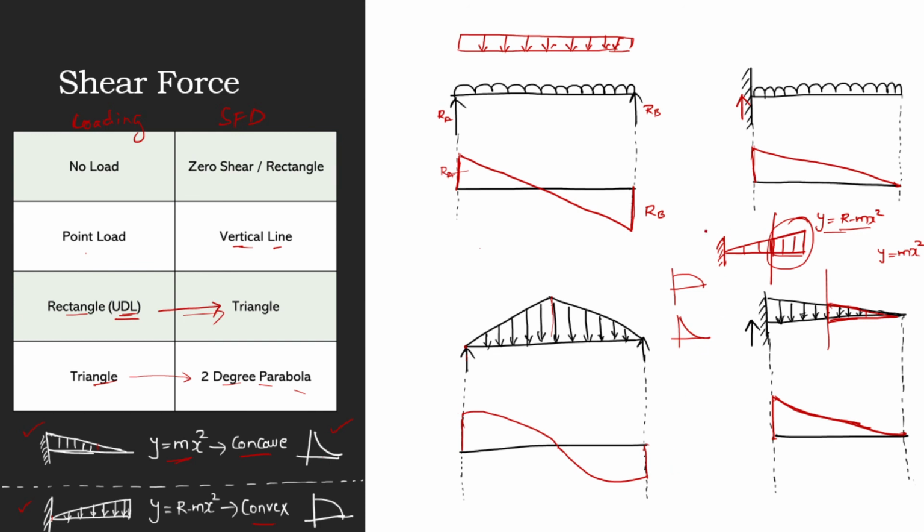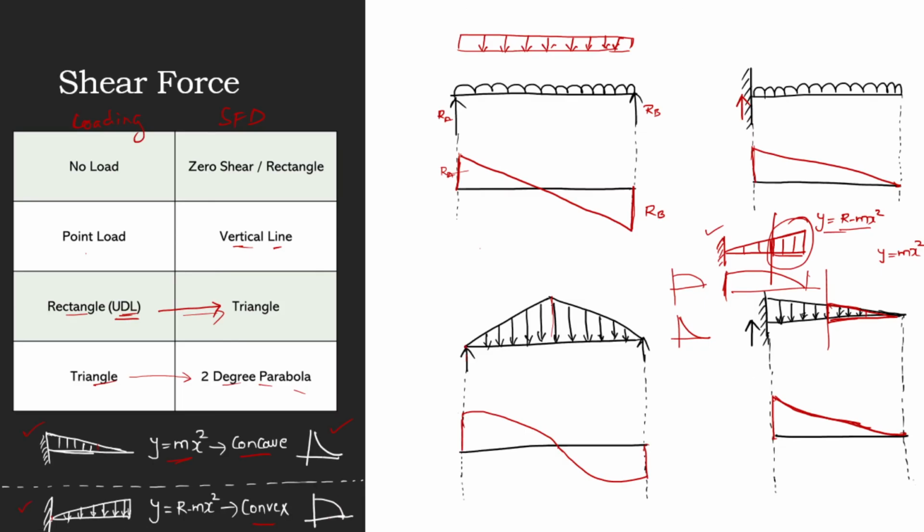So if I give you this, then your shear force diagram will have a point load there and this form, not concave. So this is concave, this is convex. I hope this part is clear to you, students.